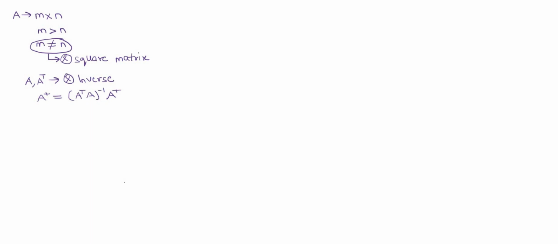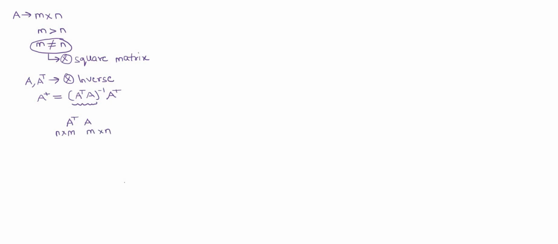Then what we will do? We will see this term A transpose into A. A transpose will have an order of n cross m because rows and columns get interchanged, and A will have order of m cross n.